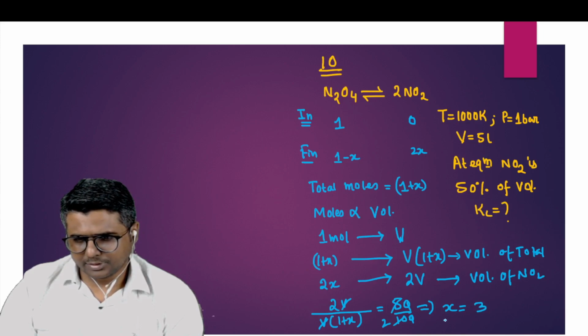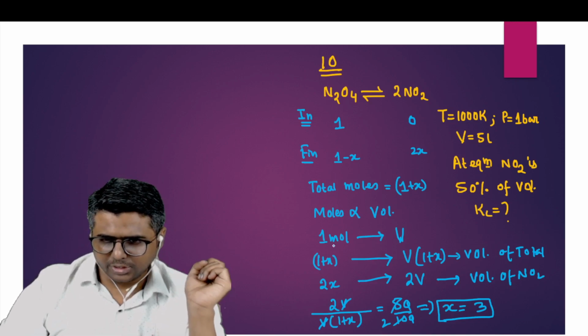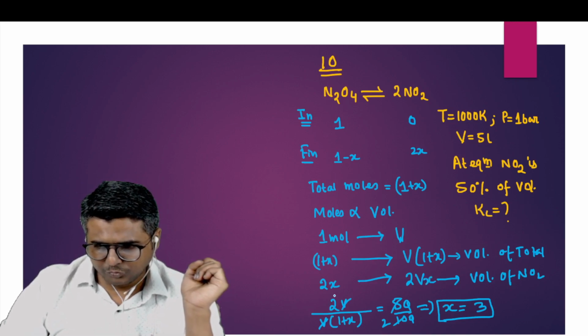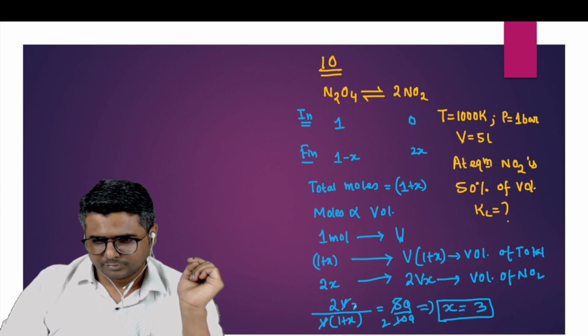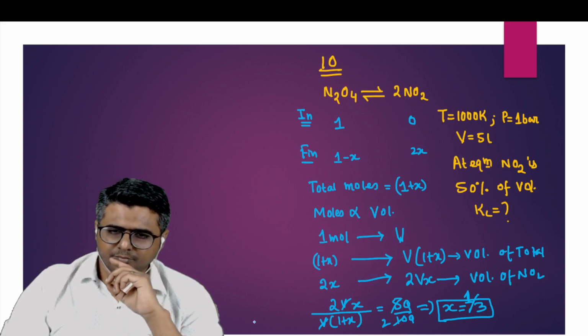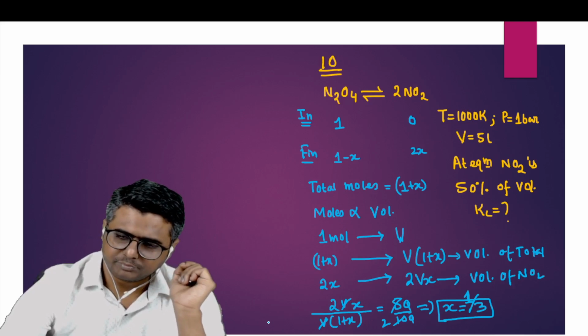X is coming equal to 3. So here our mistake is 2Vx. 2x will correspond to 2Vx, not 2V. So then x will come out to be 1 by 3. You can check, this will come.